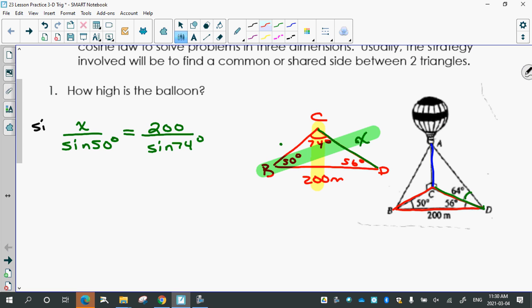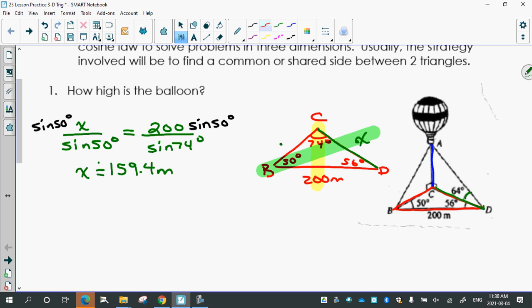Multiply both sides by sine 50. X is approximately 159.4 meters.